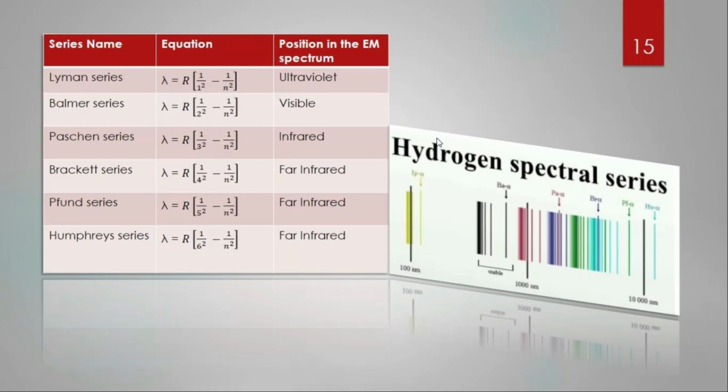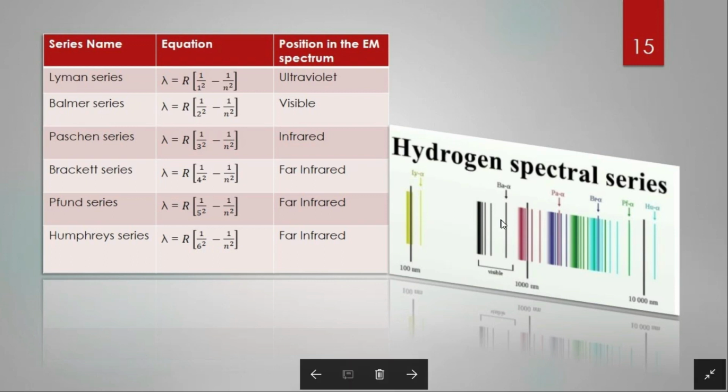But after him, a few more scientists did the same experiment with much more sophisticated equipment, and they changed the equation of Balmer a little bit and succeeded in widening the hydrogen spectral series, finding the other discrete lines of the series.